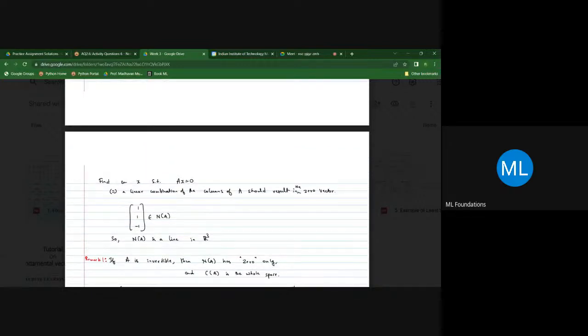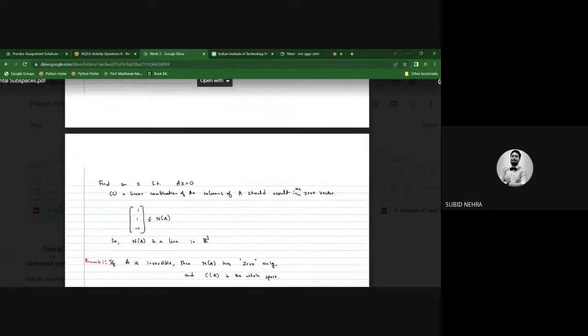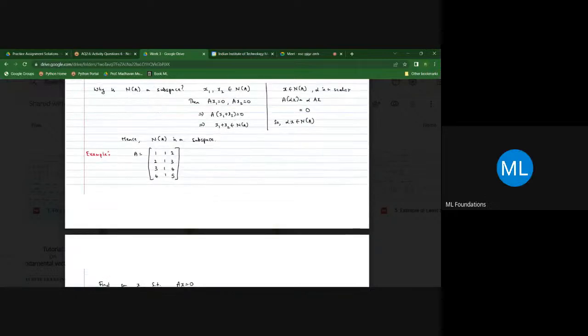Am I making sense on this? Could you give one example? In this particular case itself, we can see an example. Here you have column 1, column 2, column 3, with 1 1 minus 1. What you're doing is C1 plus C2 minus C3, which is equal to 0. So the linear combination of these three column vectors is equal to 0.